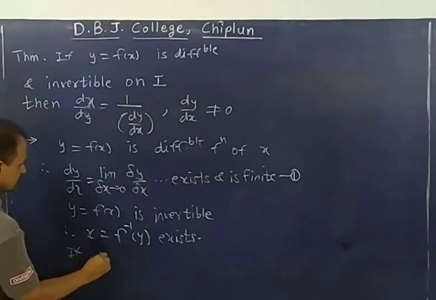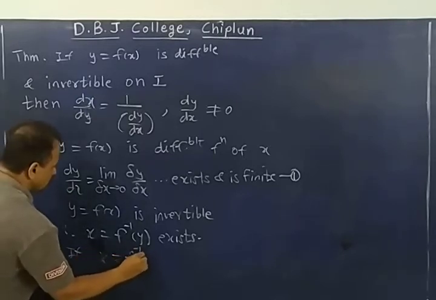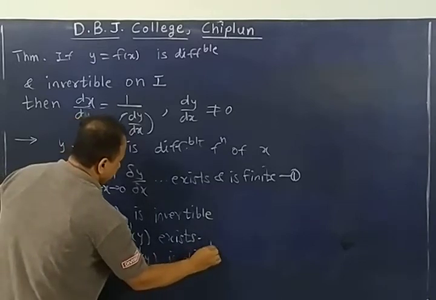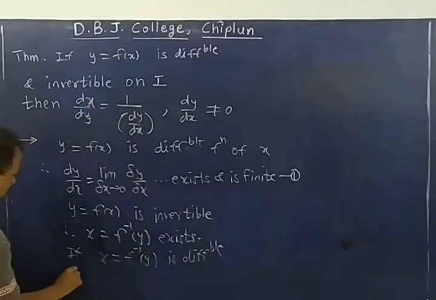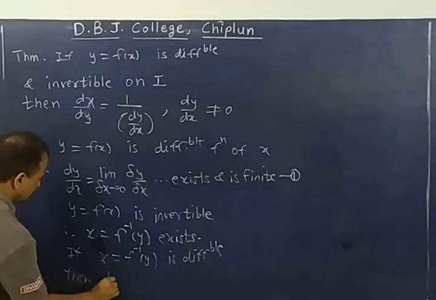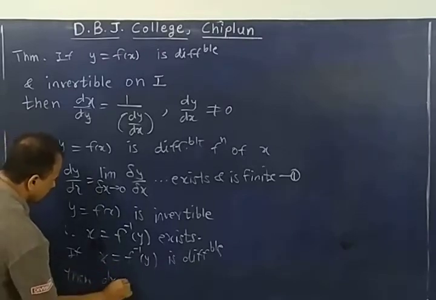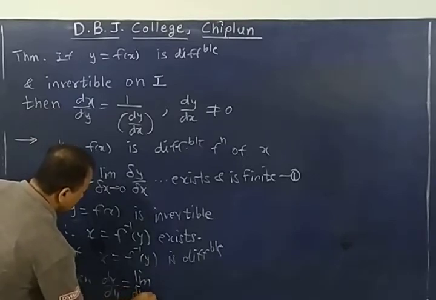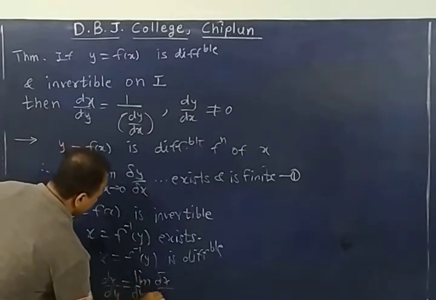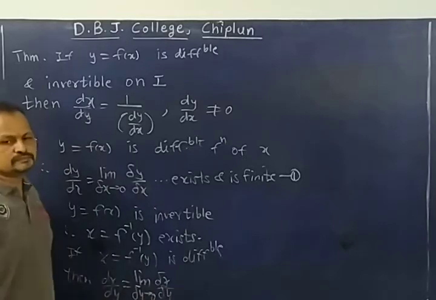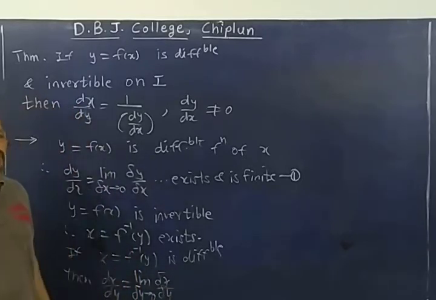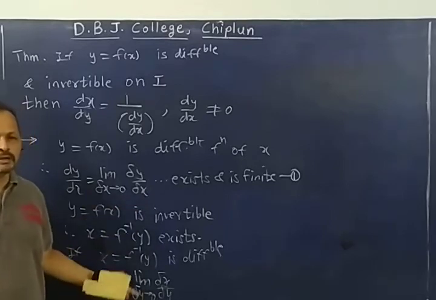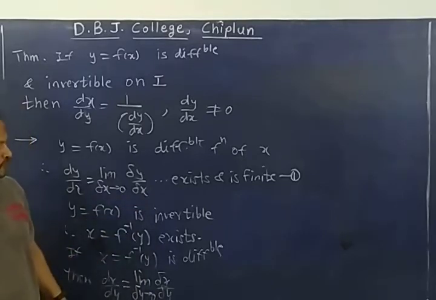If this x is equal to f inverse y is differentiable, then dx by dy is equal to limit delta y tending to 0, delta x upon delta y. Now we have to just combine these two and we will get the proof.